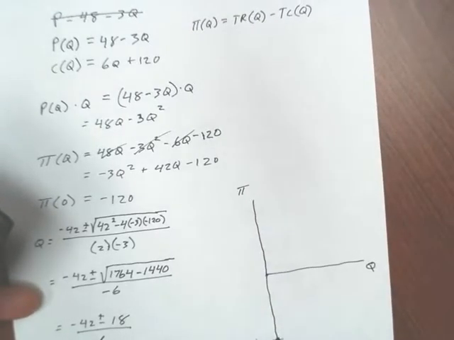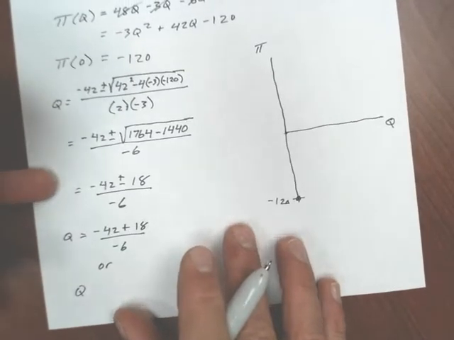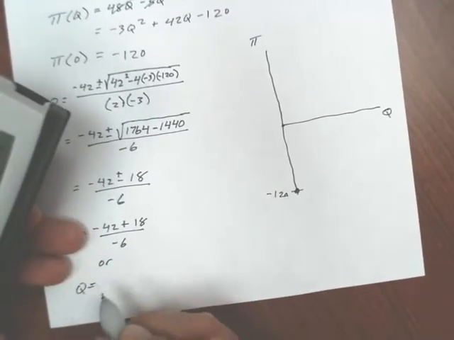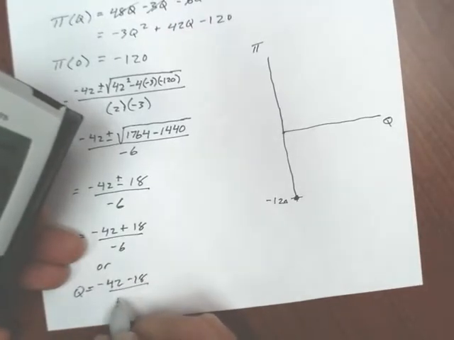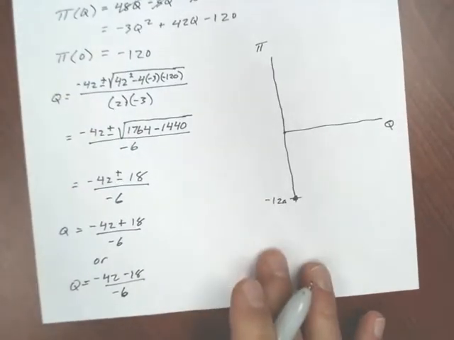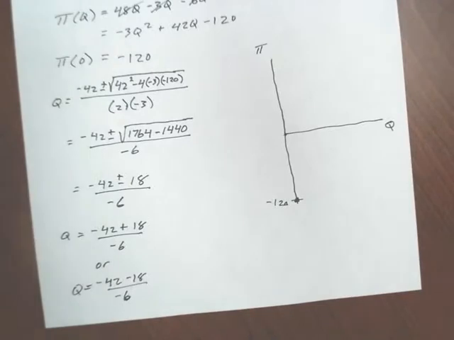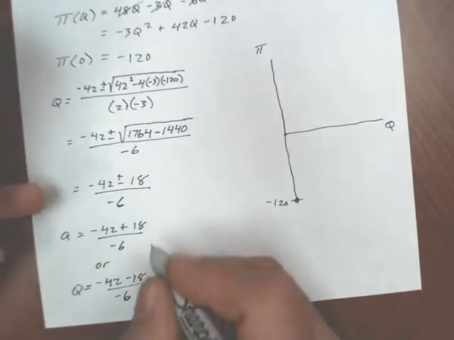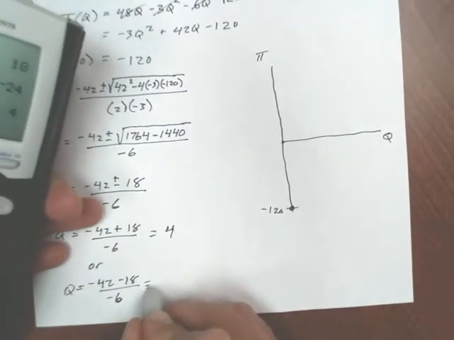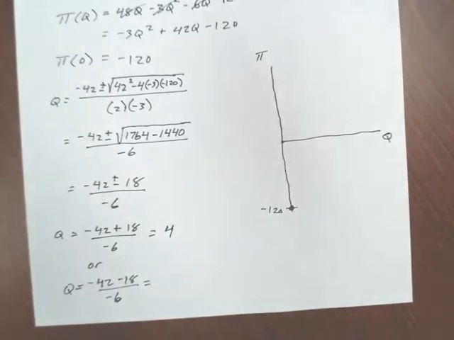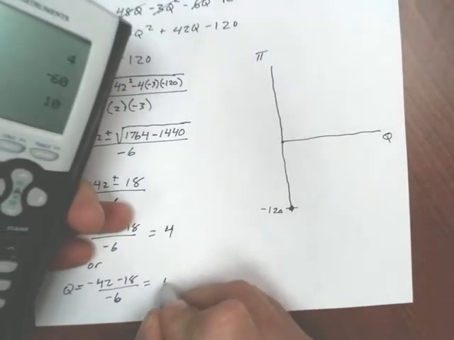So this means Q equals negative 42 plus 18 divided by negative 6, or Q equals negative 42 minus 18 divided by negative 6. Negative 42 plus 18 equals negative 24, divided by negative 6 equals 4, or Q equals negative 42 minus 18 divided by negative 6, which is 10.